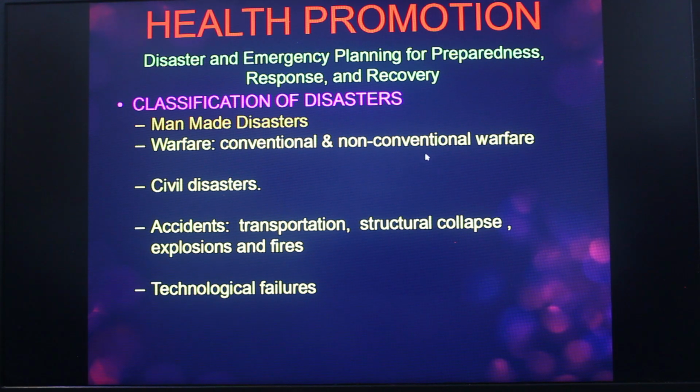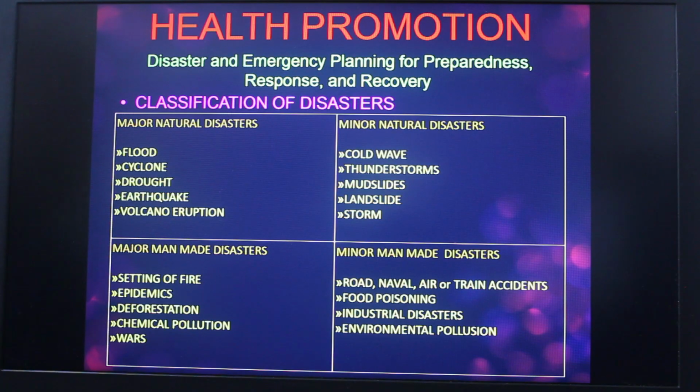We may have civil disasters. We may be experiencing some accidents, transportation, structural collapse, explosions and fires, and we may have some technological failures. In this table, we can see the major natural disasters and minor natural disasters, together with the major man-made disasters and minor man-made disasters.